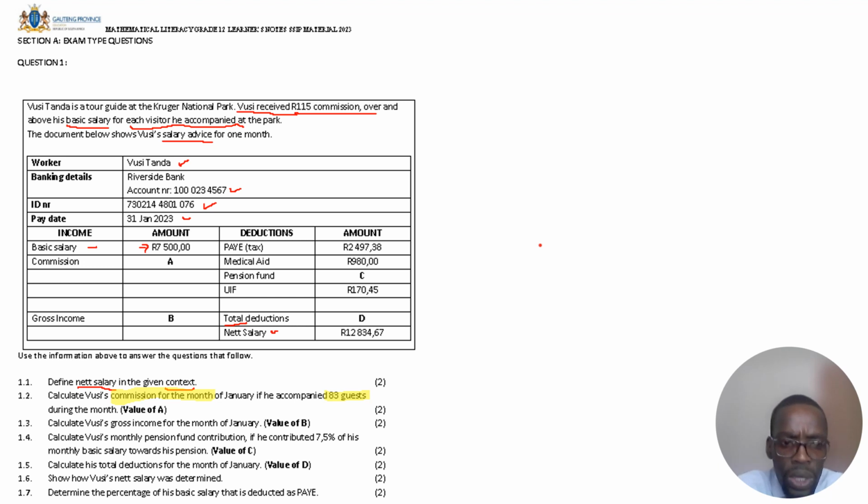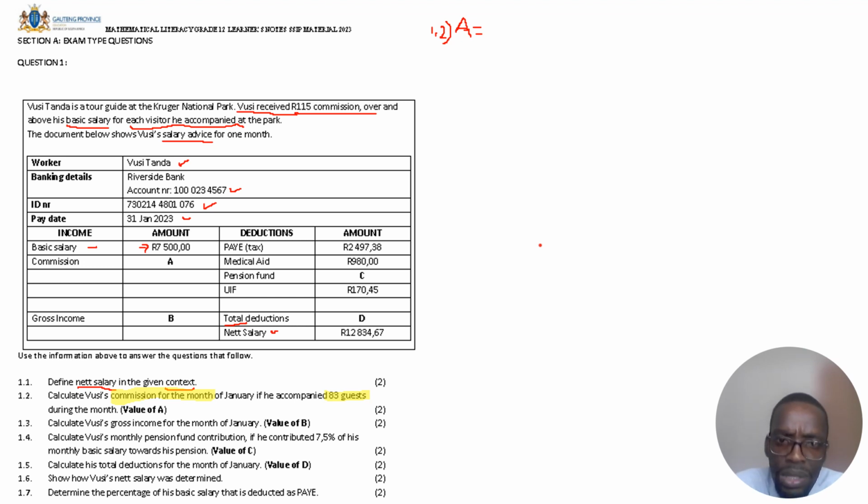So now it's question 1.2, where we are supposed to calculate the value for A. We want to know how much VUS is going to earn as his commission if he escorts 83 guests in the month and he receives a commission of 115 for each visitor he accompanies.